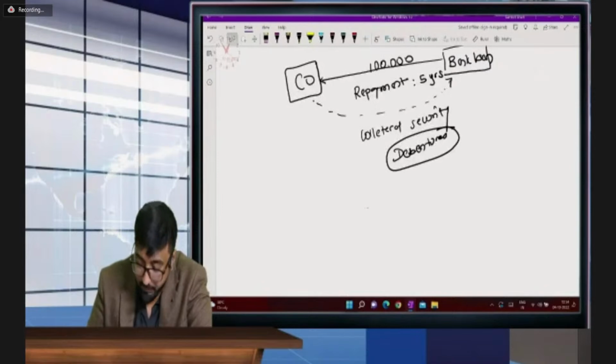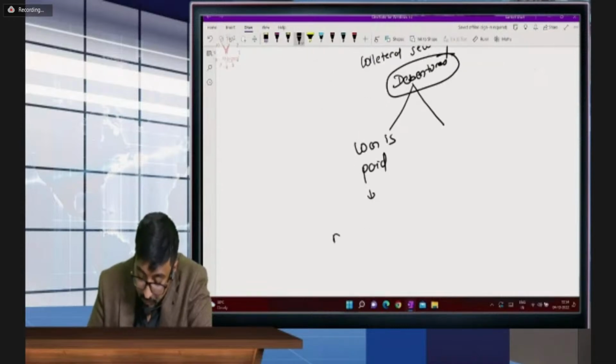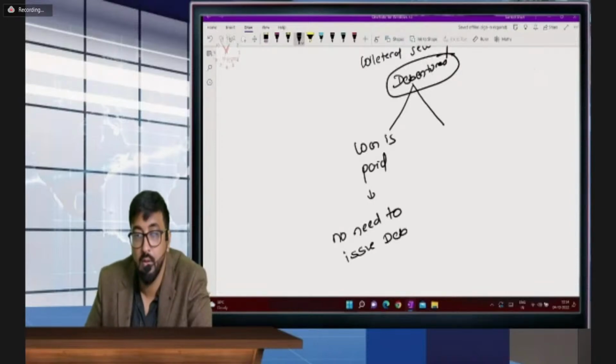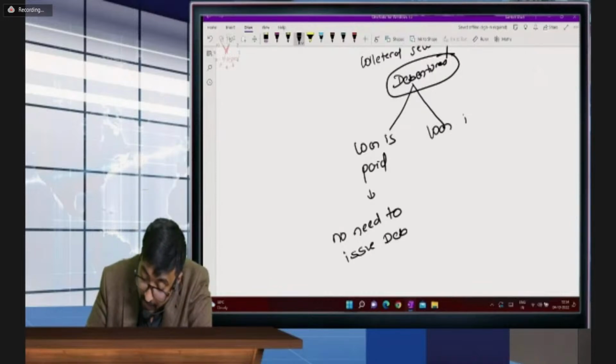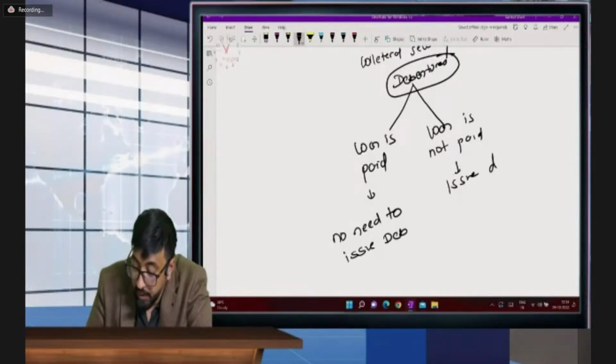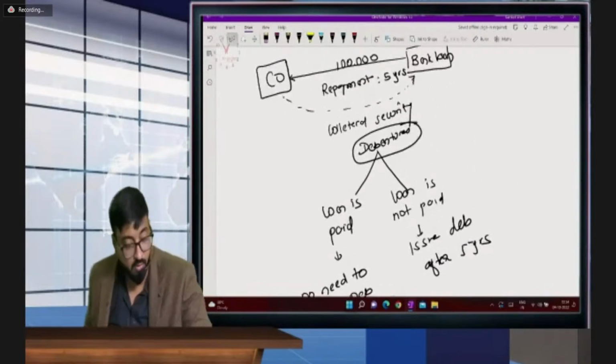Sir, what is the meaning? If the loan is paid, then there is no need to issue debentures. If the loan is not paid, issue debentures after 5 years.